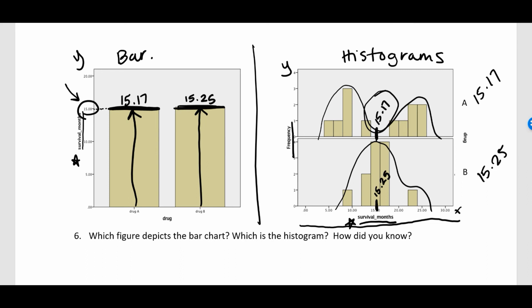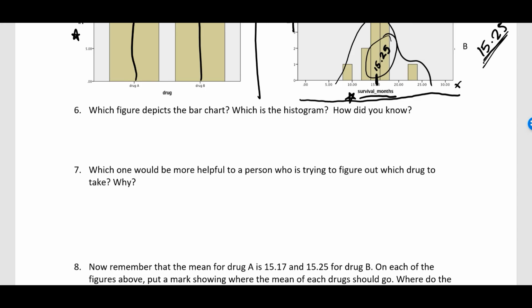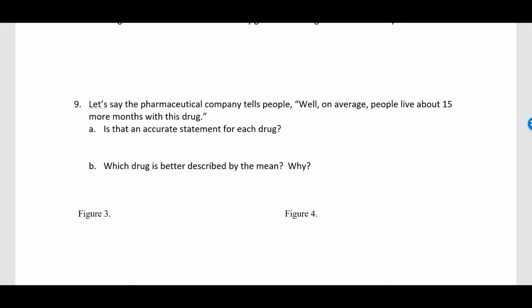On average, it works out to about 15. For drug B, yeah, same thing. People live on average about 15 more months. So it's not a false statement, right? This is a true statement that on average they live about 15 more months.